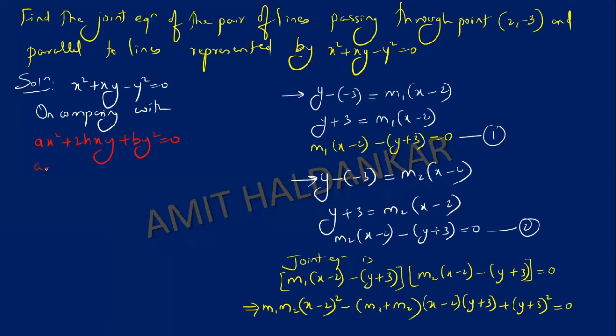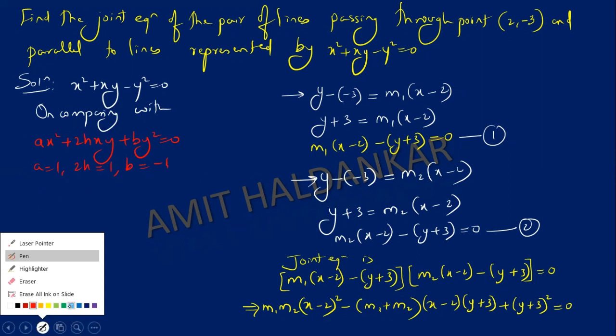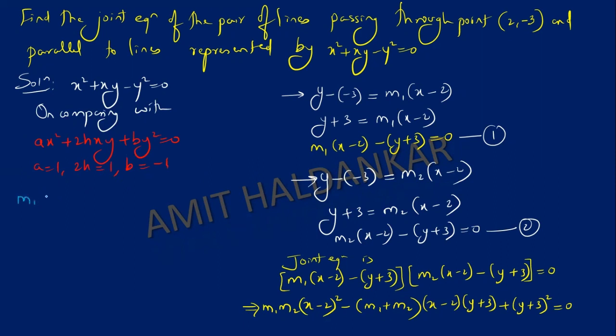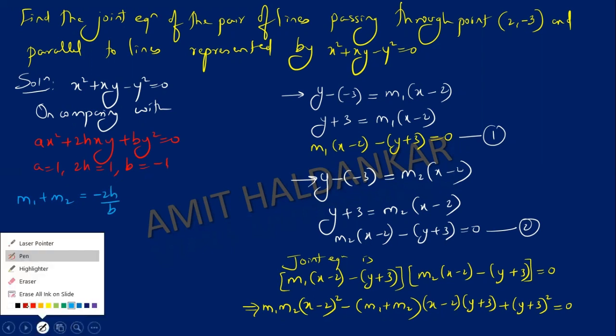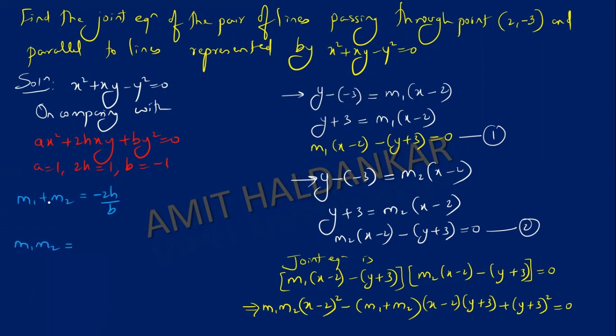I get a is equal to 1, 2h is equal to 1, and b is equal to minus 1. With these values I can find m1 plus m2 and m1 into m2. The value of m1 plus m2 is minus 2h by b.